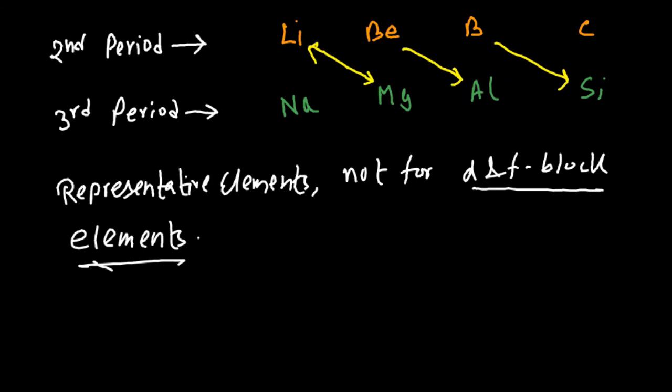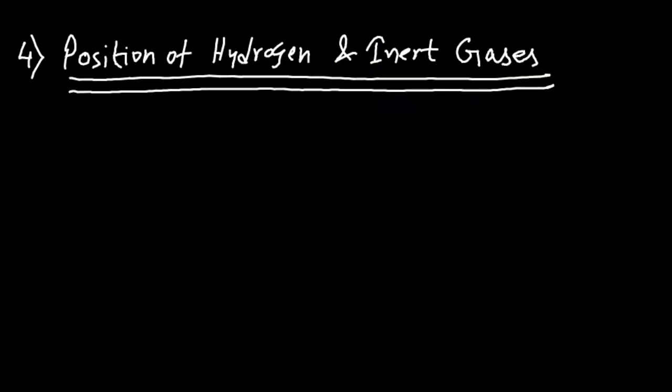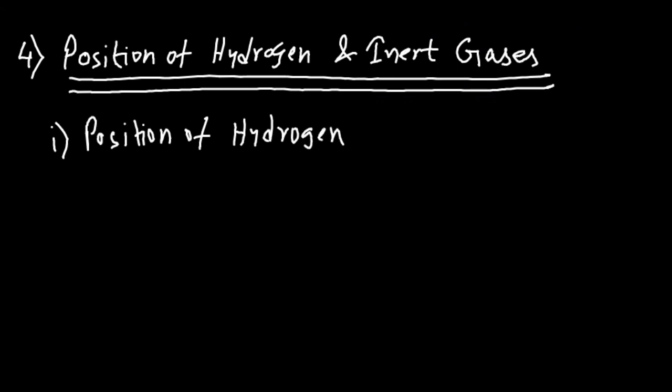So now we will move on to the last topic, that is the position of hydrogen and inert gases. Firstly, we will discuss the position of hydrogen. There was a strong argument about placing it in group 1A and group 7A. First of all, we will see why hydrogen is placed in group 1A.